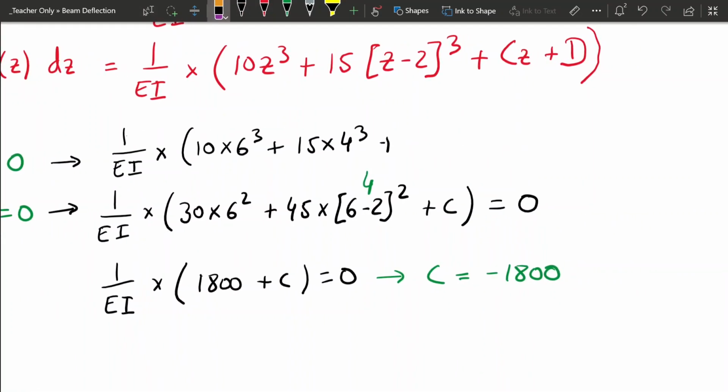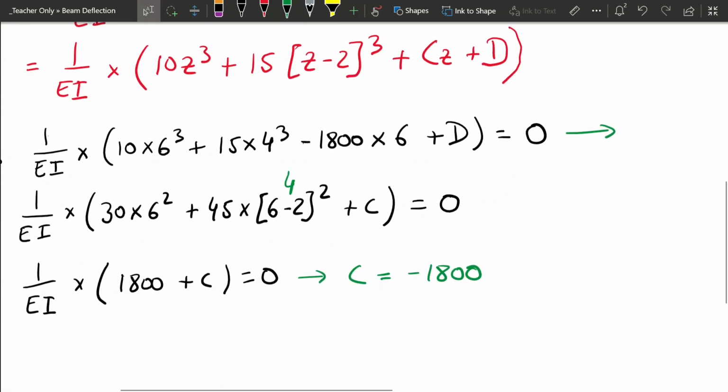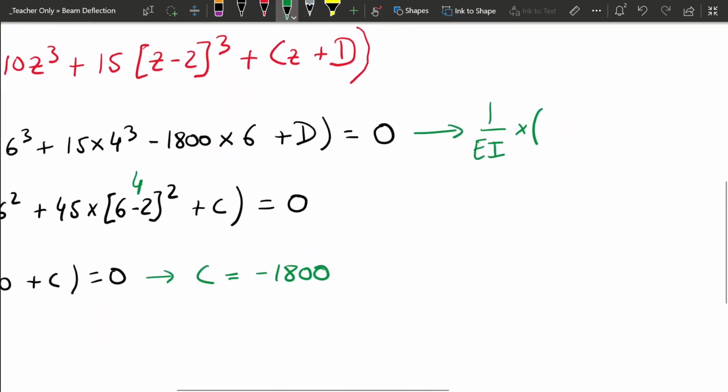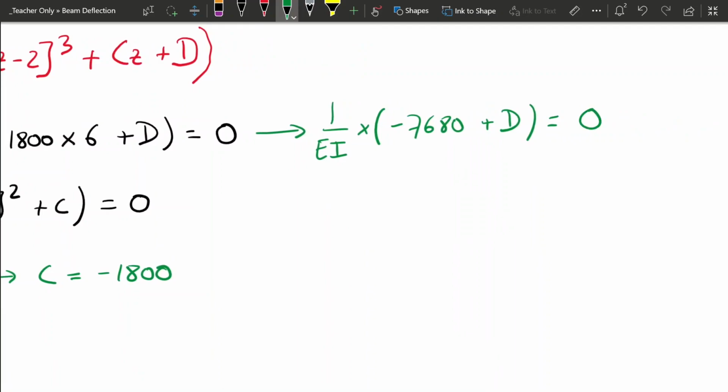So it's not plus here, it's minus 1800 times 6 plus d equals 0. So if we now use the calculator here, we're going to get 1 over EI times minus 7680 plus d equals 0. So therefore d is going to be equal to 7680.